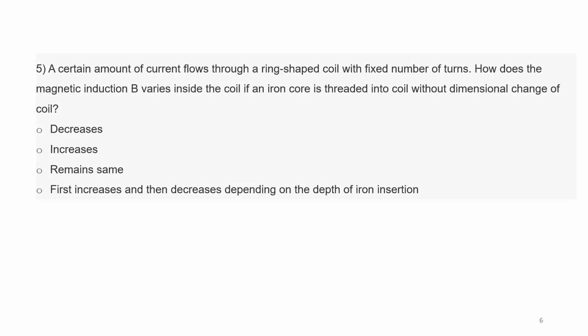Fifth question is, a certain amount of current flows through a ring shaped coil with a fixed number of turns. How does the magnetic induction B vary inside the coil if an iron core is threaded into the coil without dimensional change of the coil? Your options are decreases, increases, remains same, or first increases and then decreases depending on the depth of iron insertion. So out of these, the correct answer will be the first one.